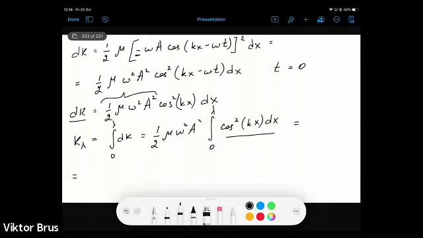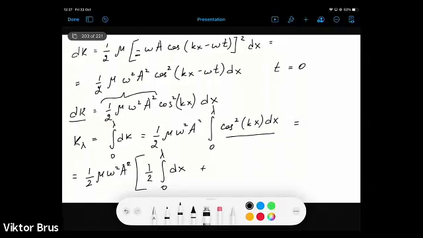So here are our constants, 1/2 times mu omega squared times a squared. Then we have 1/2 integral from 0 to lambda dx, because there was unity in the numerator, 1 divided by 2.